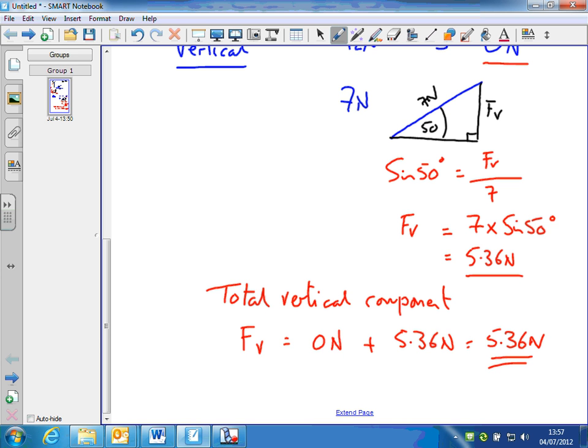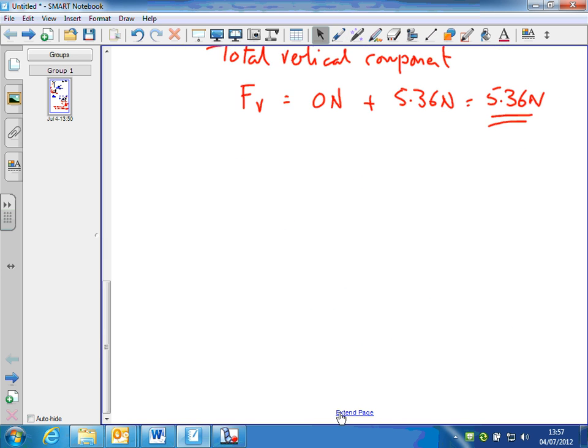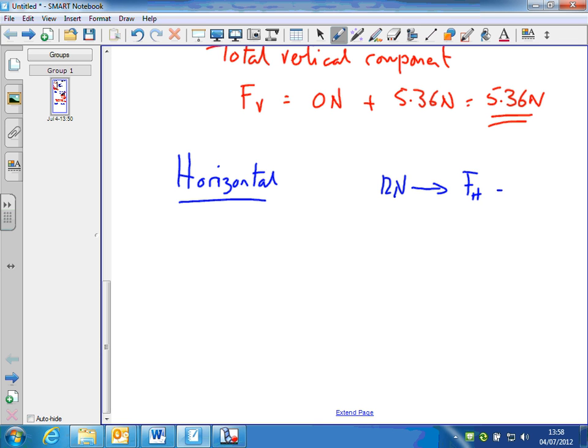Now we can do a similar thing to find the horizontal component. Well, for the 12 Newton force, that's acting horizontally. And so the horizontal component is 12 newtons.